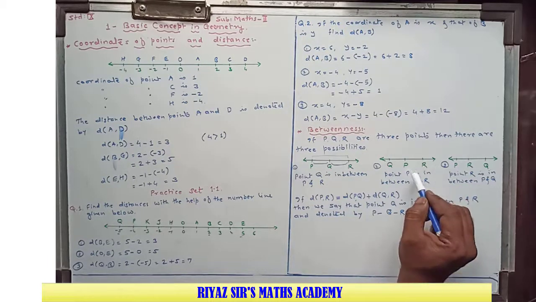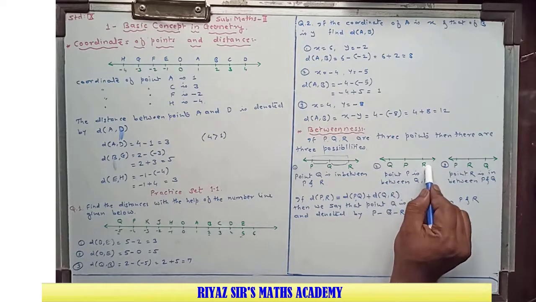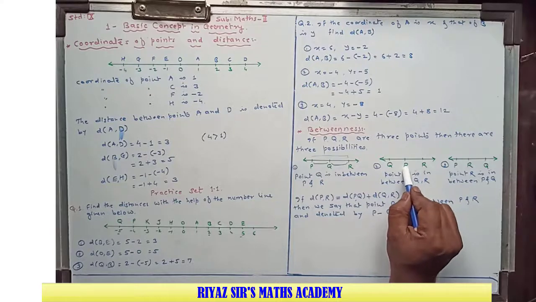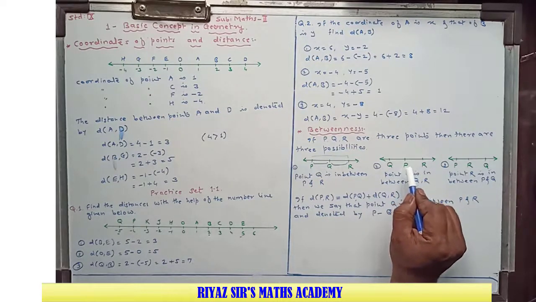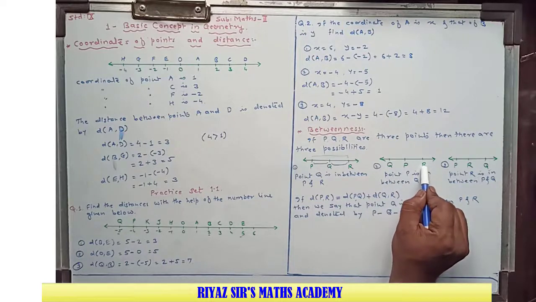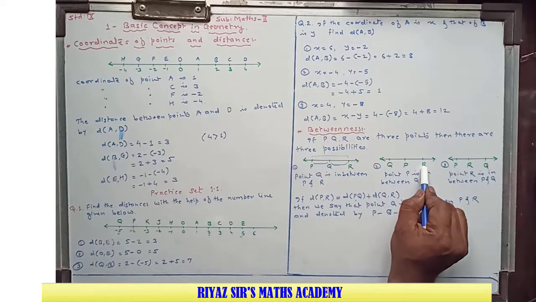Okay, now for the second figure, if distance QR is equal to distance QP plus distance PR, then we say that point P is in between Q and R, and we denote it as Q-P-R, like that.